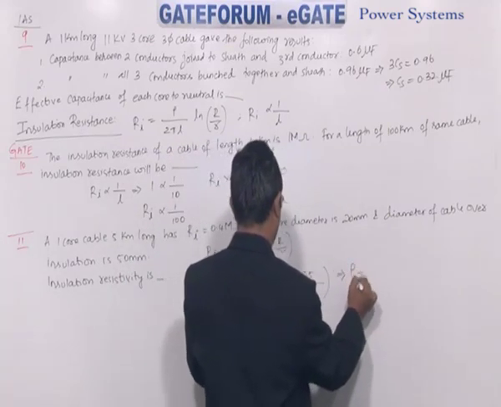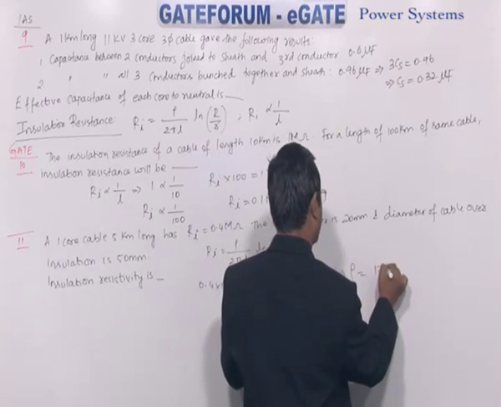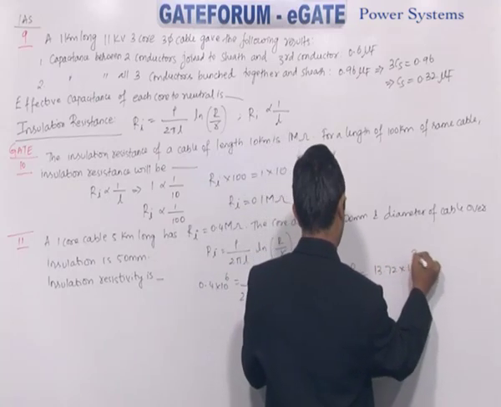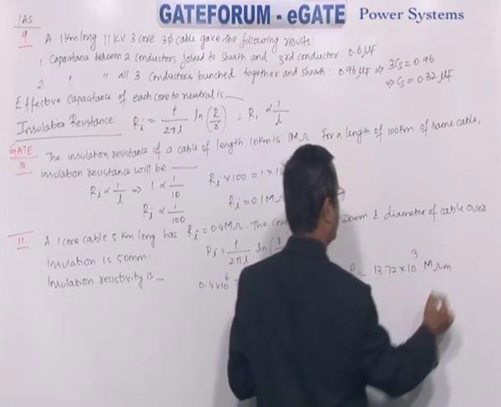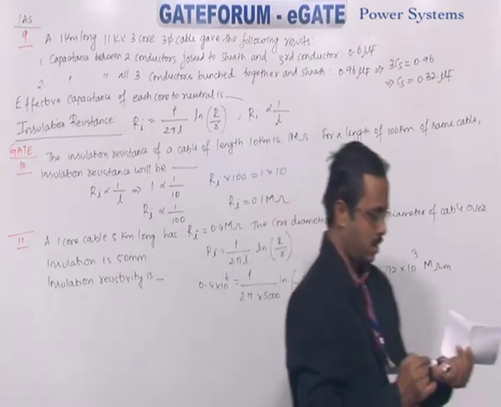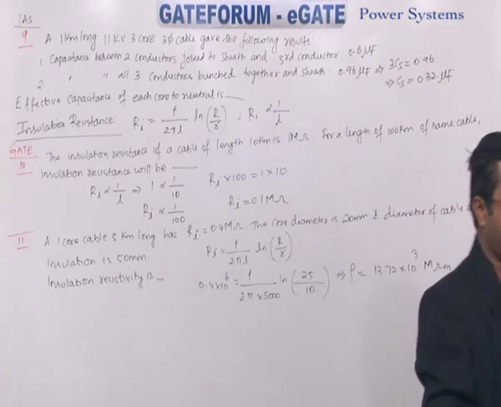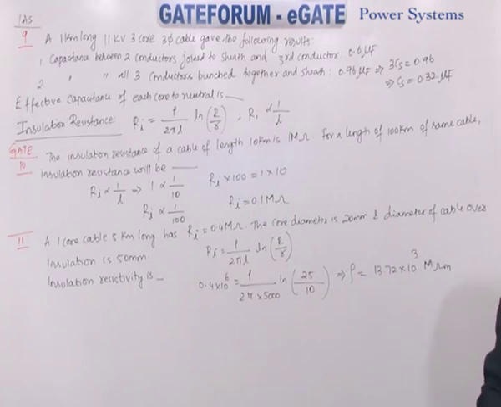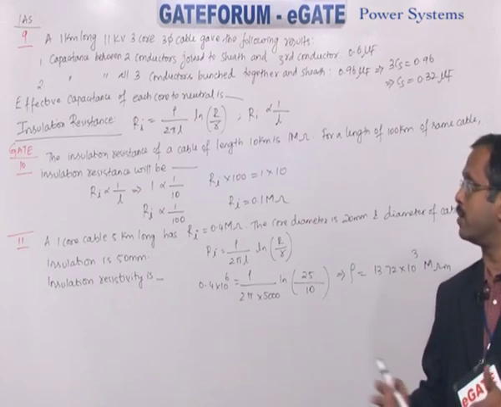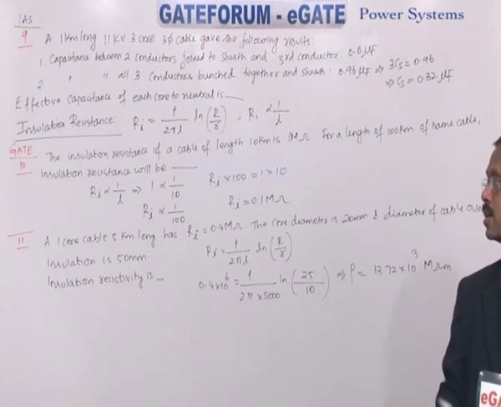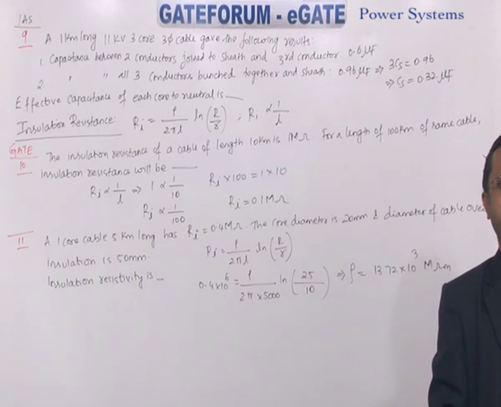From this you simplify and find what is rho. You get 13.72 into 10 cube mega ohm meters. So this is how you find out the insulation resistivity, and further the different methods of getting the insulation resistance.